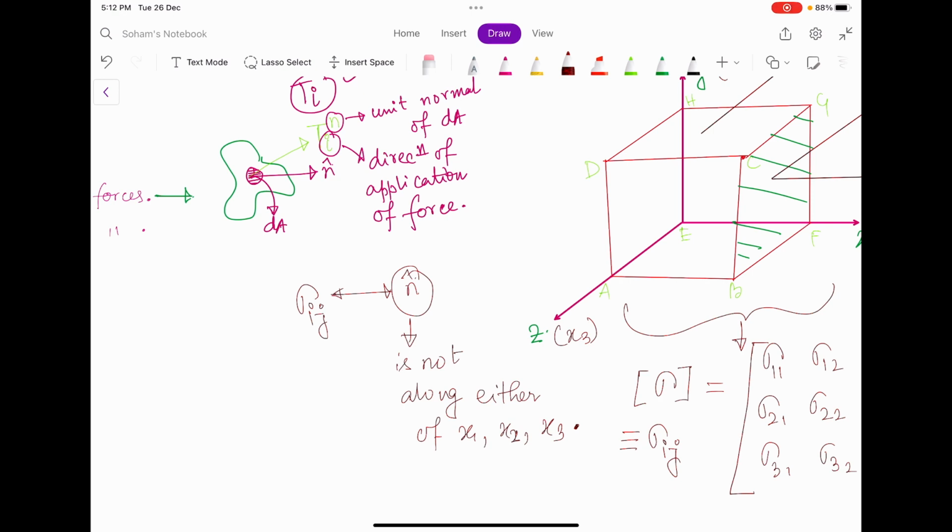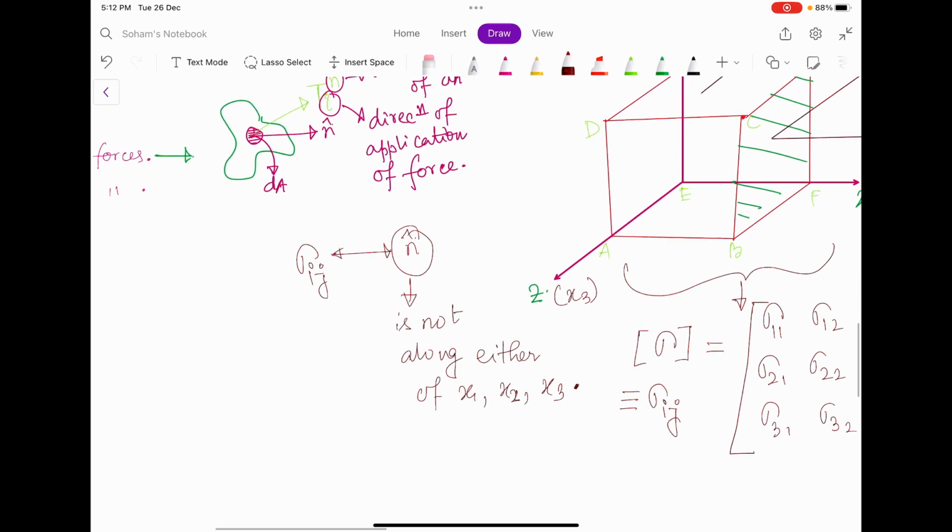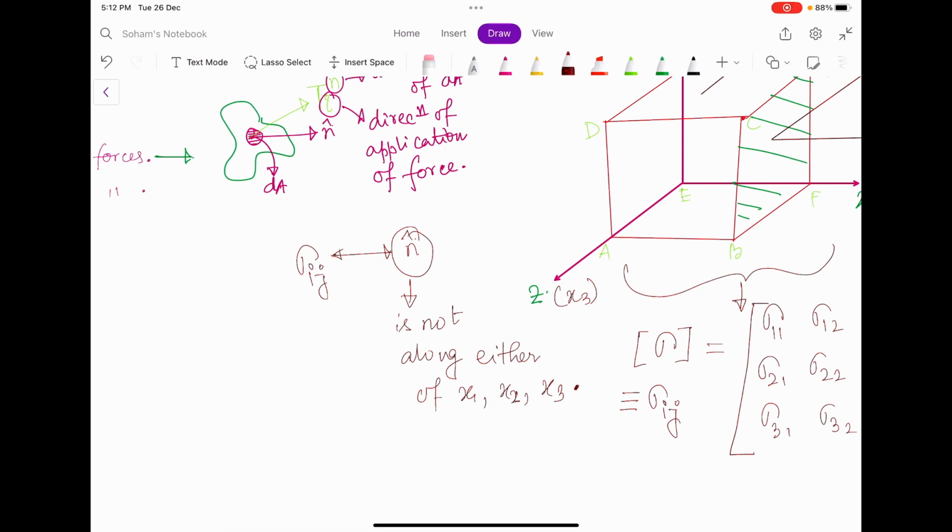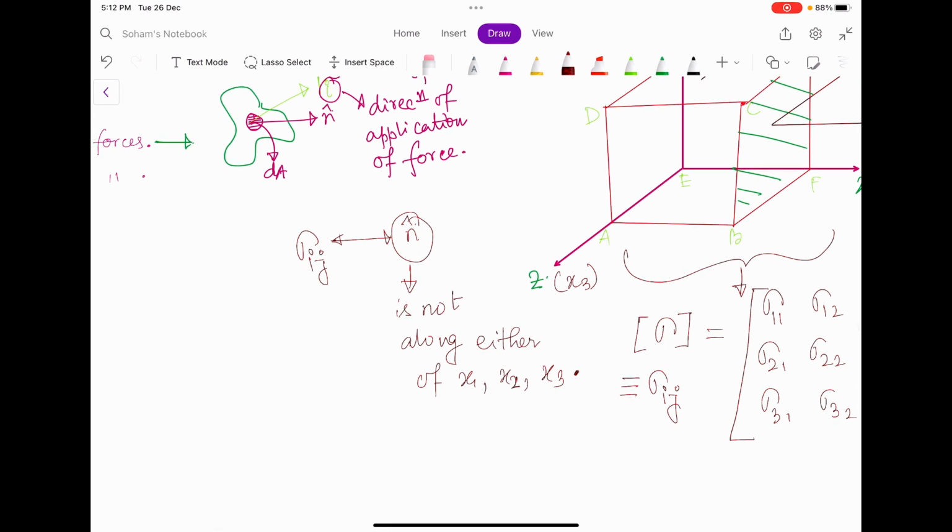But if this n is not along those, then what will we do? We have to derive something. The problem is that in any body there can be countably infinite number of normals.